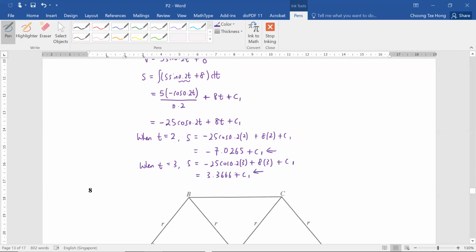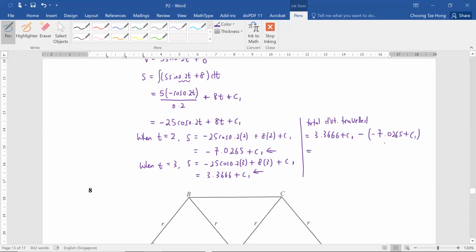So to find the distance moved by the particle between those two timings, you will just find the difference between these two positions. So the total distance traveled, we will just take 3.3666 plus c1 minus 5 plus c1.